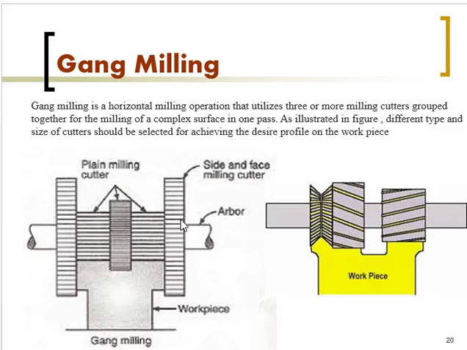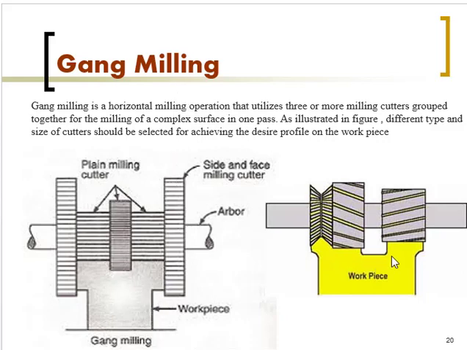You can see this simple diagram. We have three plain milling cutters and two side and face milling cutters. A total of 5 milling cutters will be grouped together and used to mill a single workpiece at a time, and that is called gang milling.